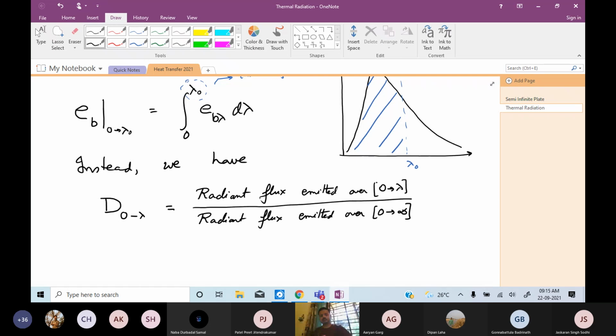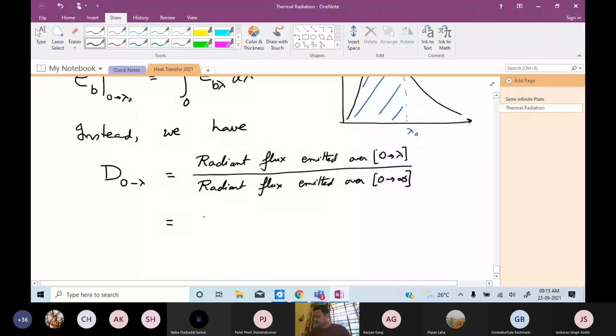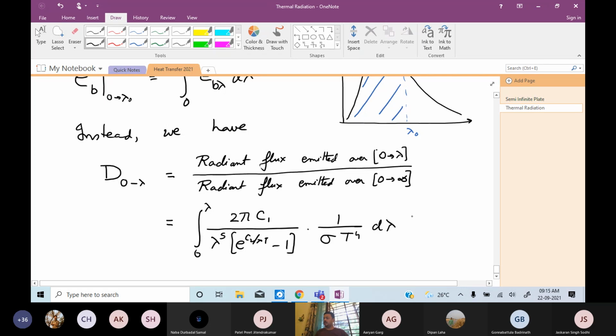So what does it essentially mean? It means this expression is actually the integral from 0 to lambda of 2 pi c1 over lambda to the power 5 times e to the power c2 by lambda T minus 1, times what is the radiant flux emitted over 0 to infinity? The Stefan-Boltzmann law. So 1 over sigma T to the power 4, d lambda.